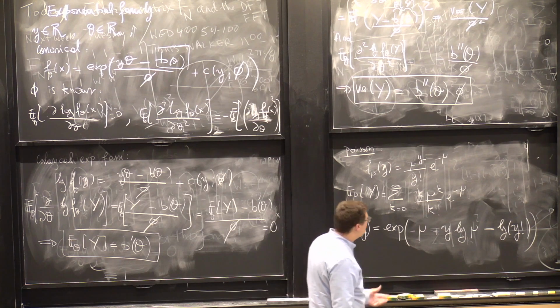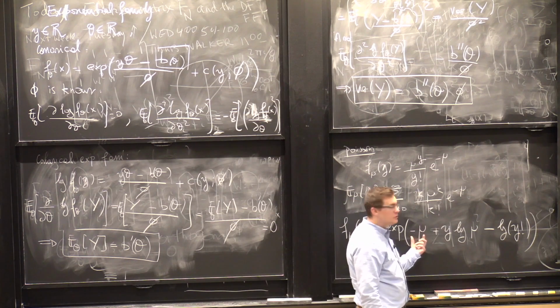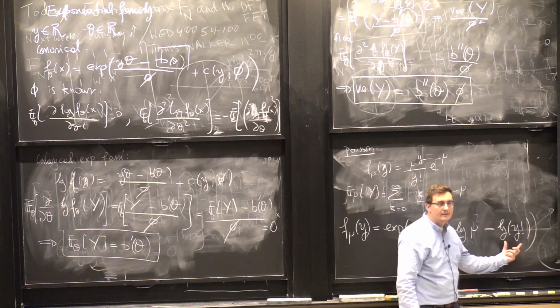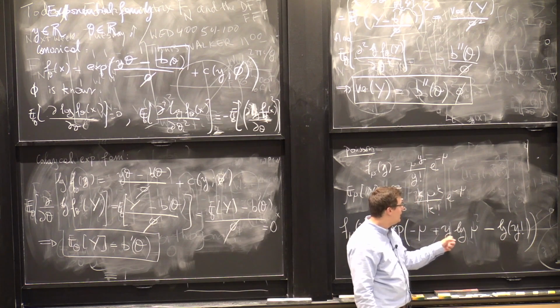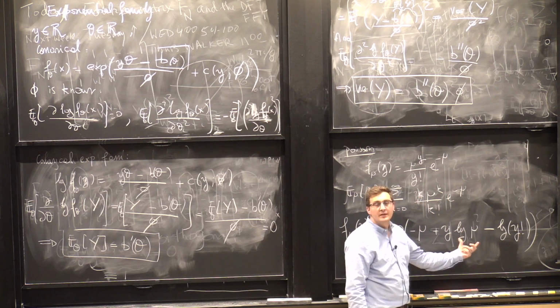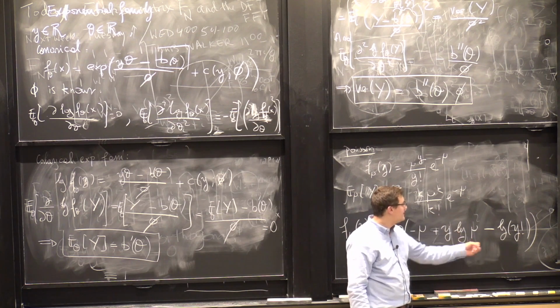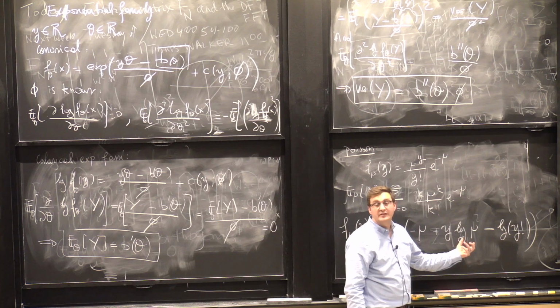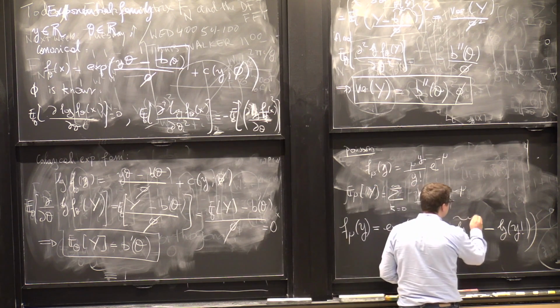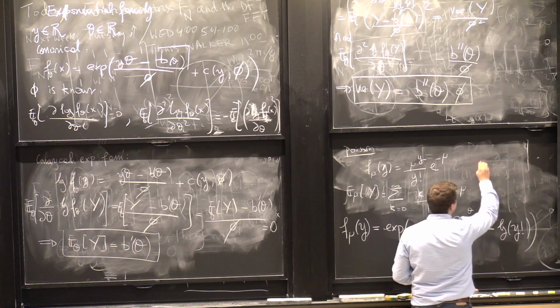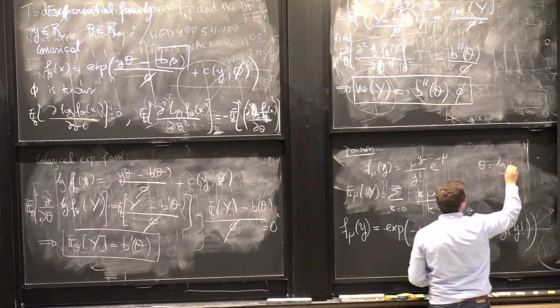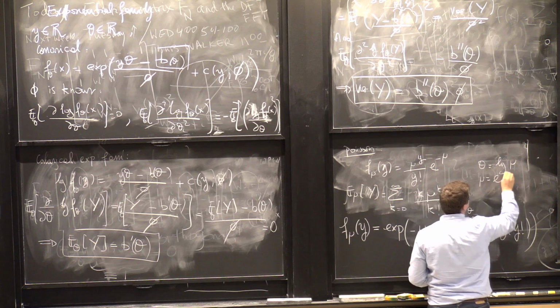Clearly, I have a term that depends only on mu, a term that depends only on y, and I have a product of y and something that depends on mu. If I want to be canonical, I must have this be exactly the parameter theta itself. So I'm going to call this guy theta. So theta is log mu, which means that mu is equal to e to the theta.